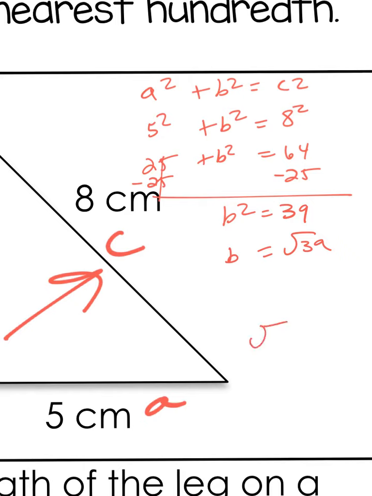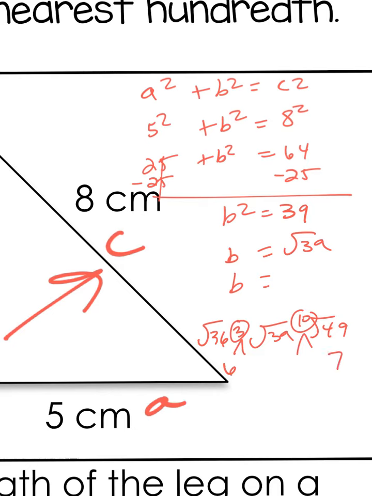And again, this is how I would estimate that square root. The square root of 39 is between the square root of 36 and the square root of 49. It's about 3 units from 36, and about 10 units from 49. So the square root of 36 is 6, and the square root of 49 is 7.